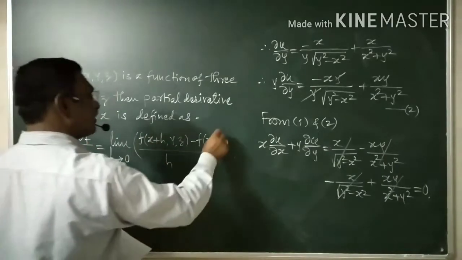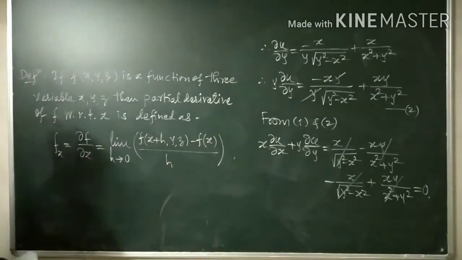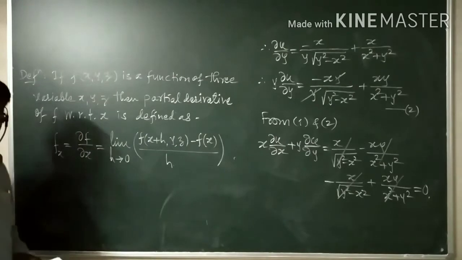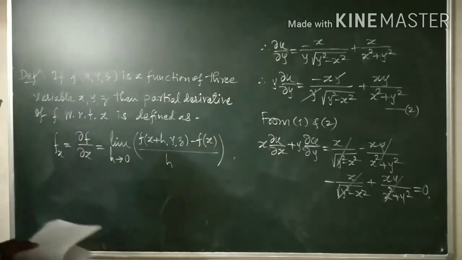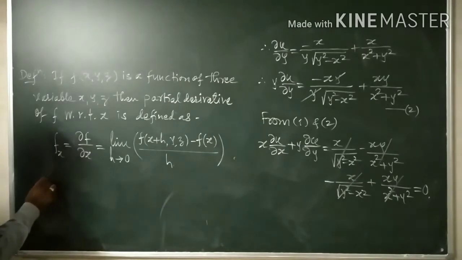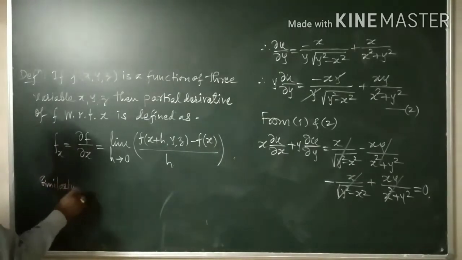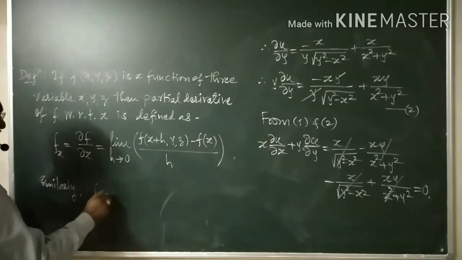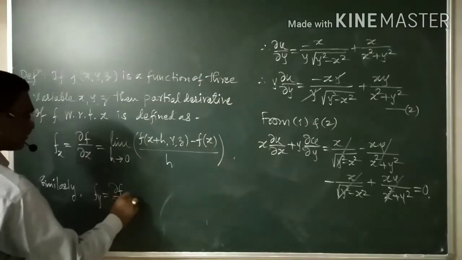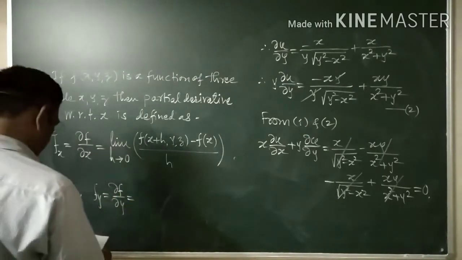This is the definition of partial derivative of function of 3 variables with respect to first variable x. Similarly, f y is nothing but partial derivative of f with respect to y. It is limit.